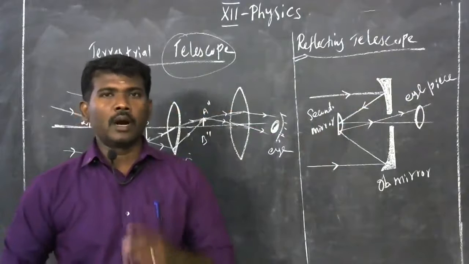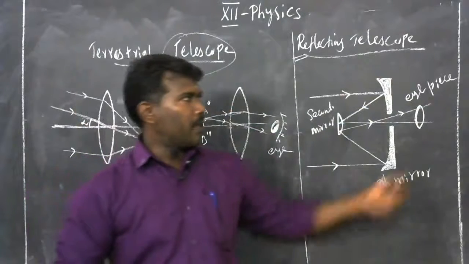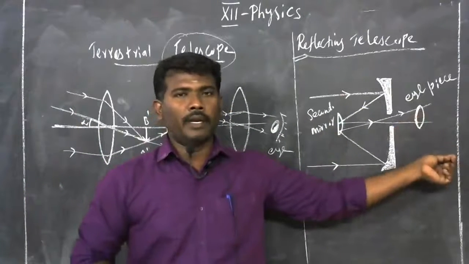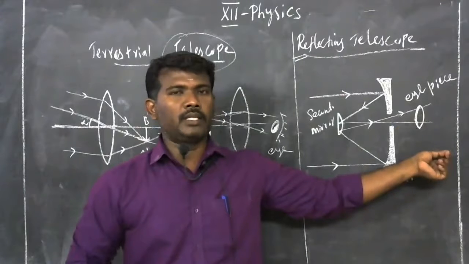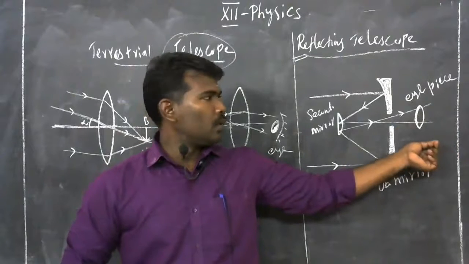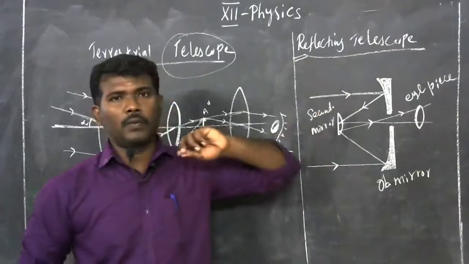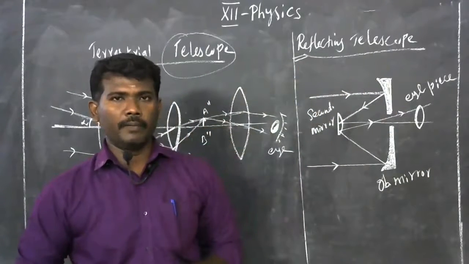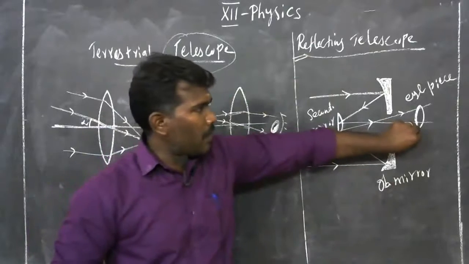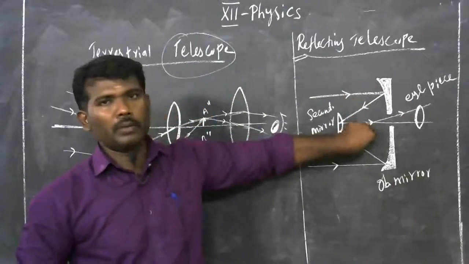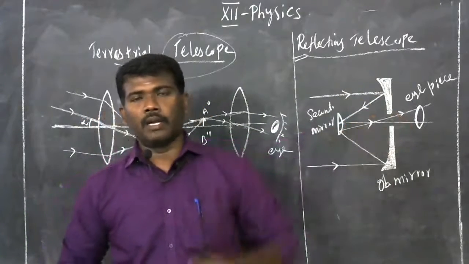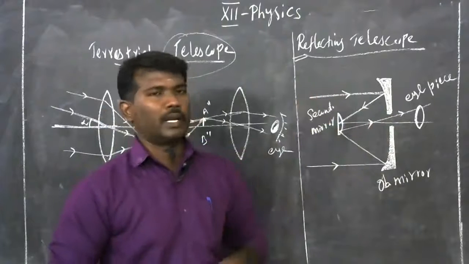It is complicated, because if the eyepiece is outside, it is very easy to view the image for our normal eye. If you fix the eyepiece inside the telescope, it is difficult to view the image formed by the reflecting telescope.